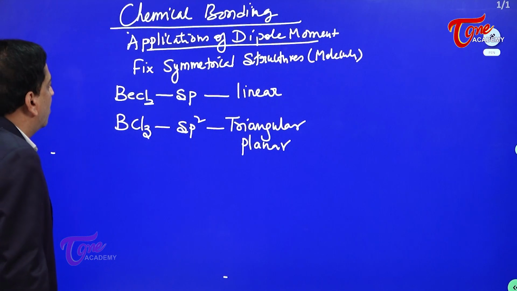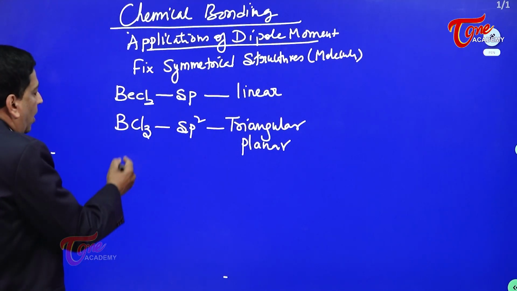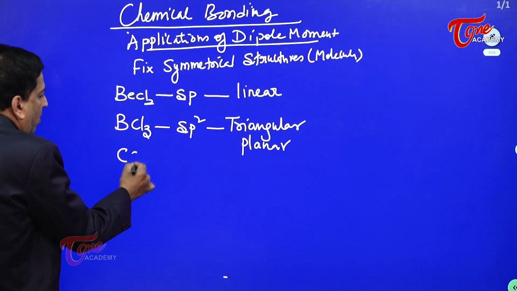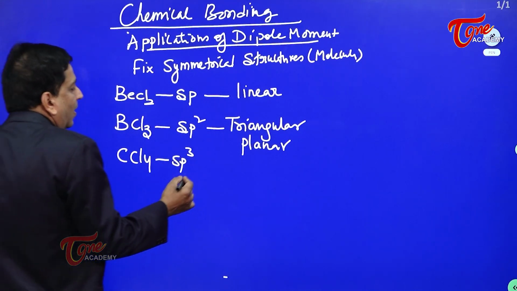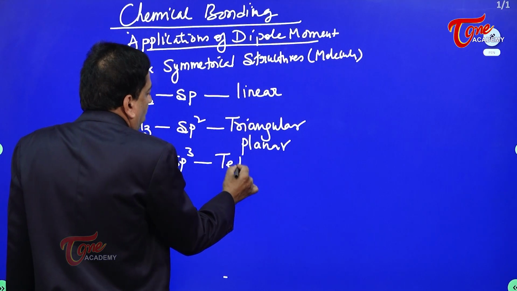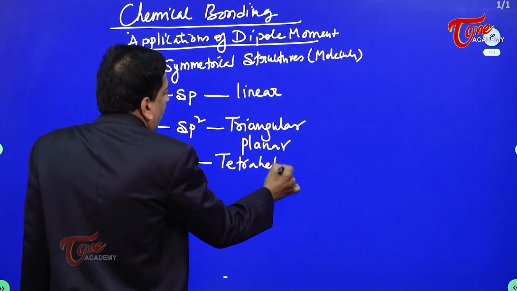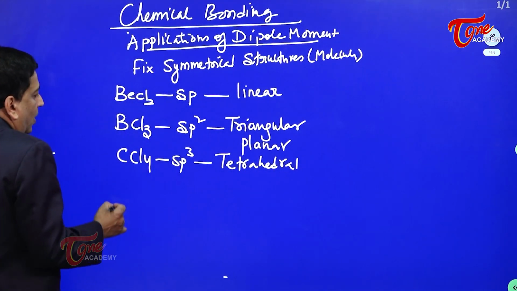Similarly, you have carbon tetrachloride, which is sp3, and this is tetrahedral in shape.